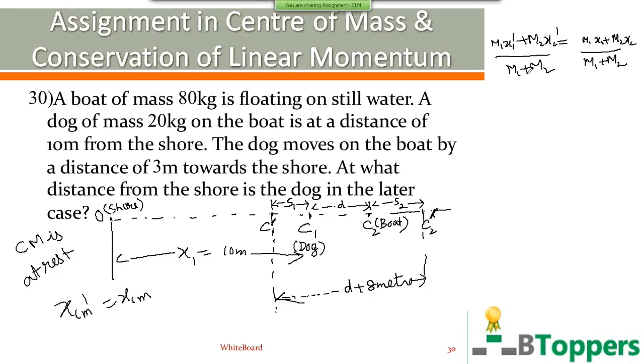Here M1 is the mass of the dog, which is equal to 20 kg. M2 is the mass of the boat, which is equal to 80 kg.